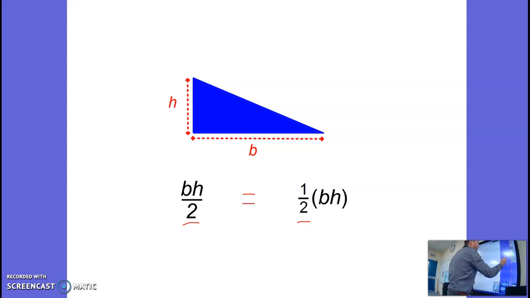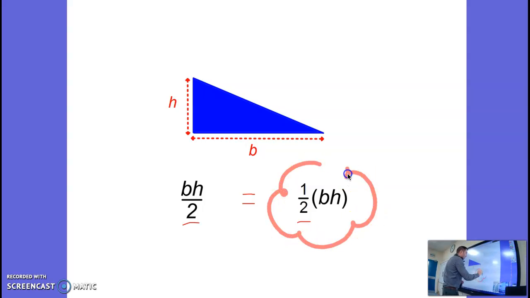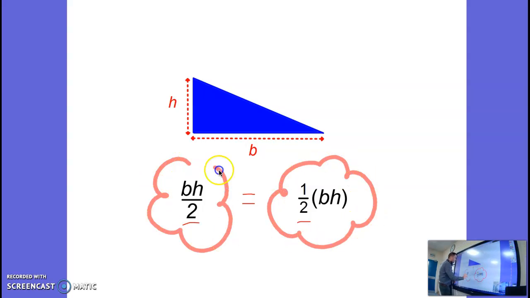Those are the formulas. If you don't know those yet, write those down, put a big bubble around them, remember them. Very useful. So many people do area of a triangle and they forget this divide by 2 or the half. So either formula, pick one, use it.